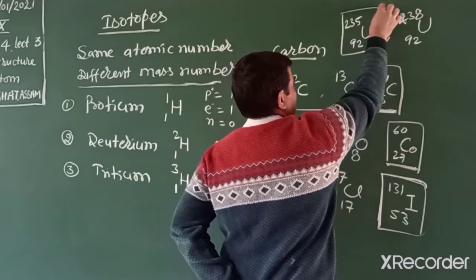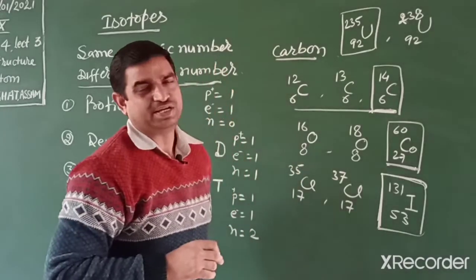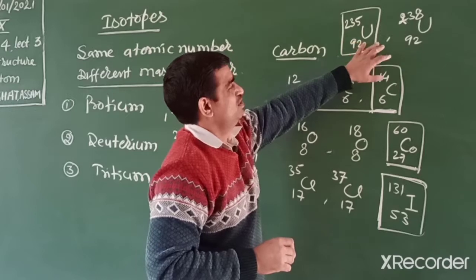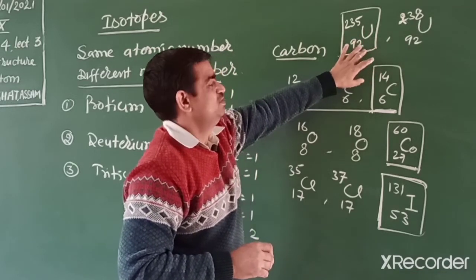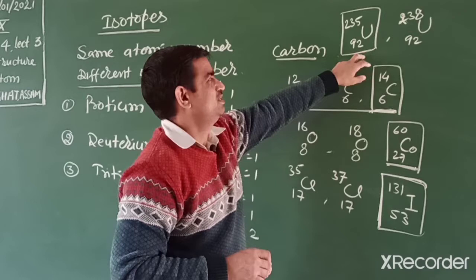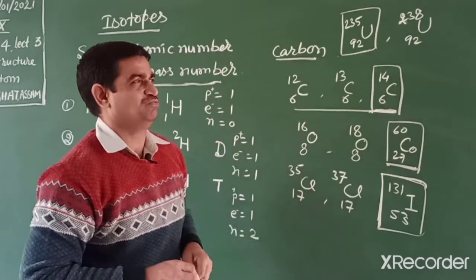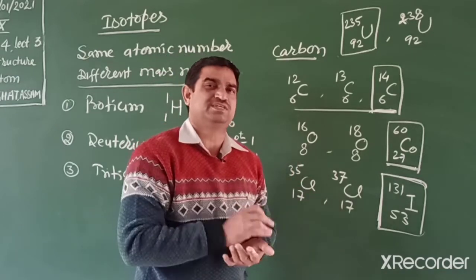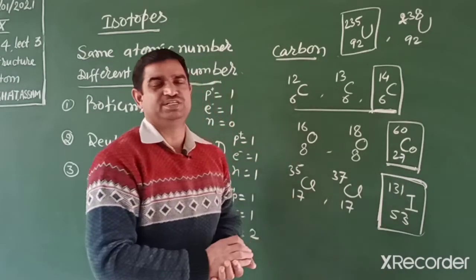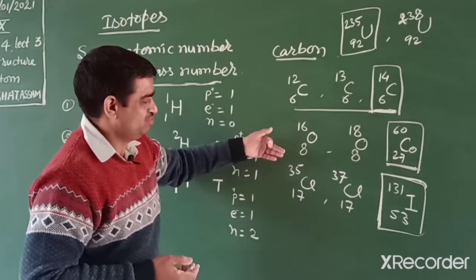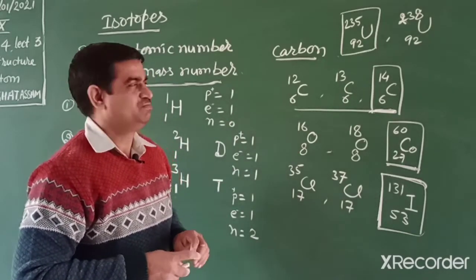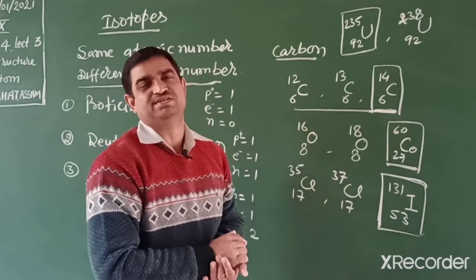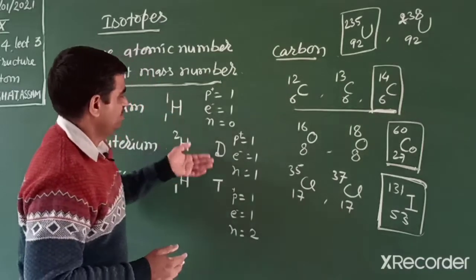Uranium-235 is used for making atomic bombs, or this isotope is used as a fuel for nuclear reactors. So isotopes have many applications. Almost all have similar chemical property, and physical property is slightly different due to change in mass number. It means isotopes have a different number of neutrons, and the same number of electrons and protons.